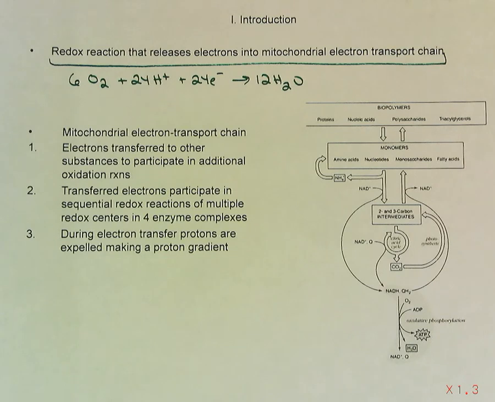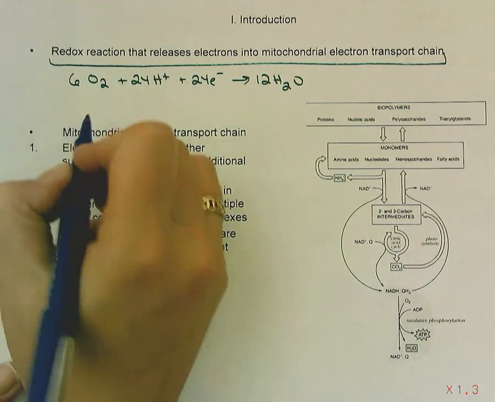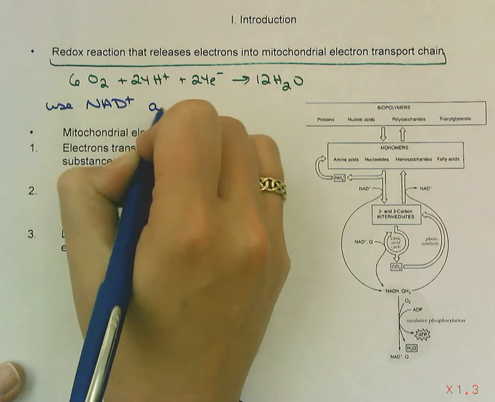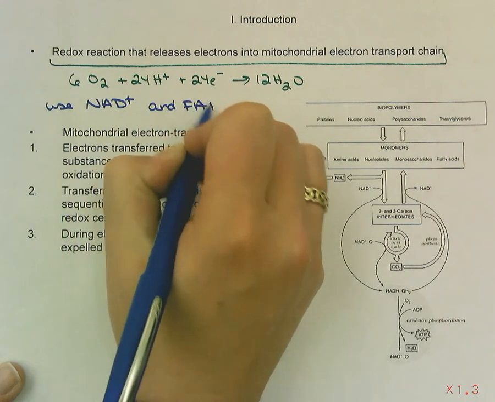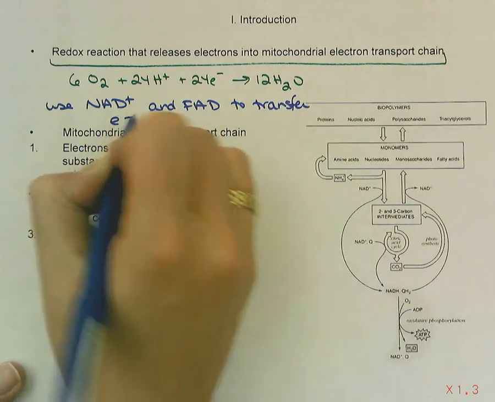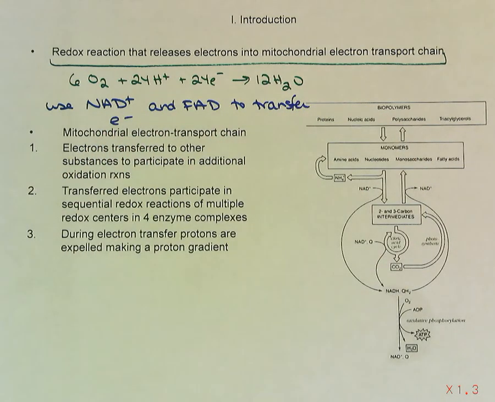What are the molecules, there should be two of them, that we use to transfer electrons? NAD and FAD. Okay. So we have to use these other molecules to transfer electrons. We can't just let the electrons go free. They're going to pass through these other molecules to get to where they need to go.